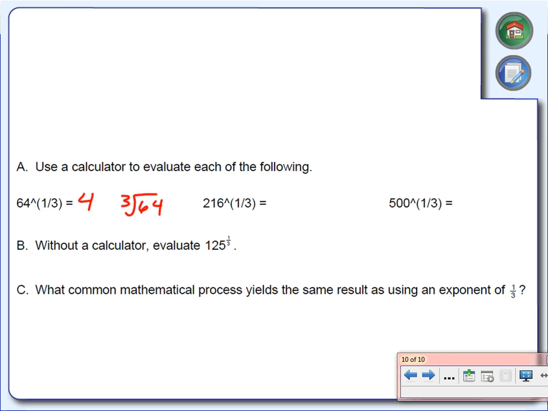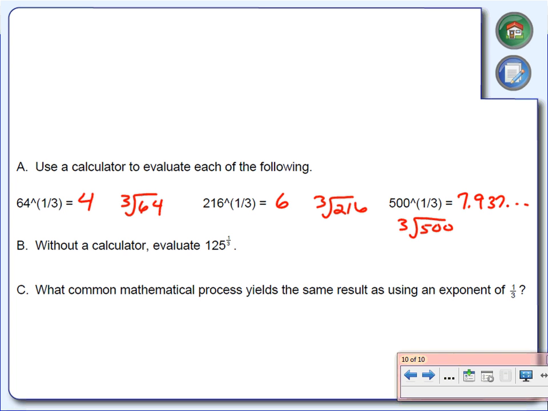That is 6, because the cube root of 216 is 6. And 500 raised to the 1/3 power. I think we get a decimal on this one, right? What do we get? 7.937 and it goes on. So again, all we're doing is taking the cube root of that number.